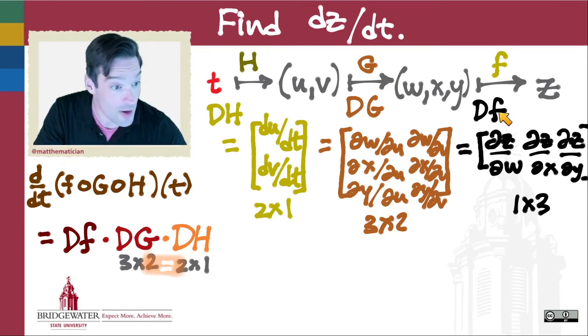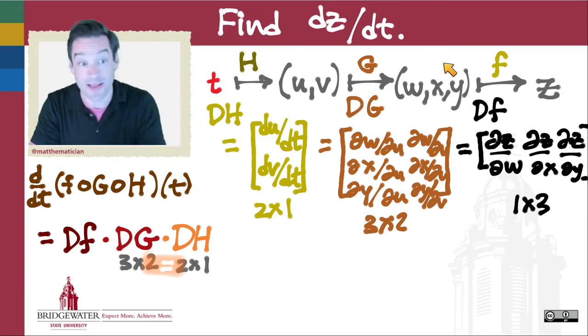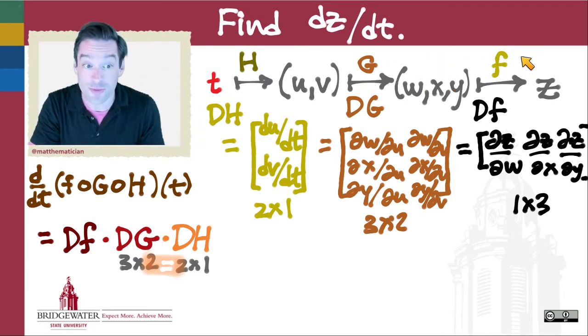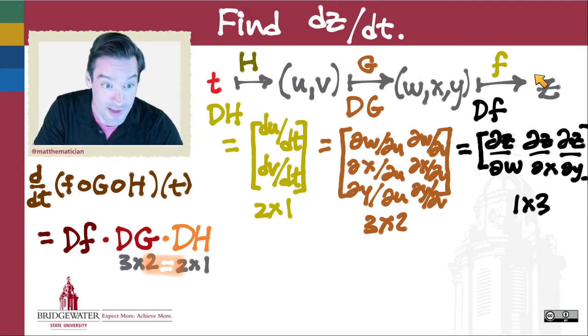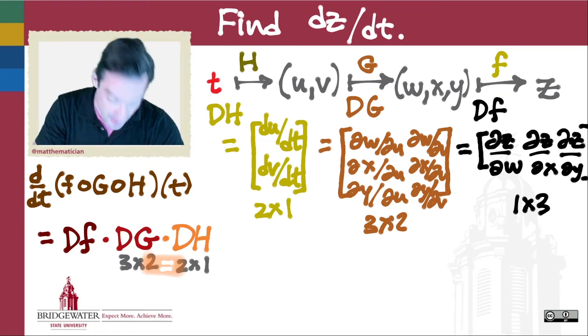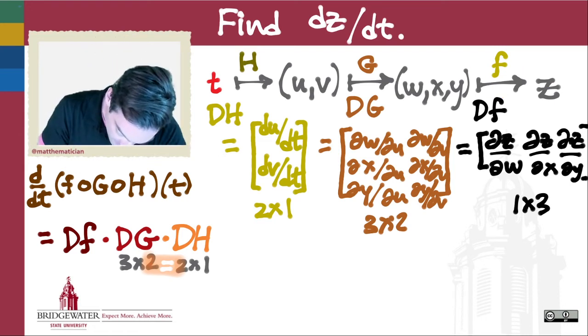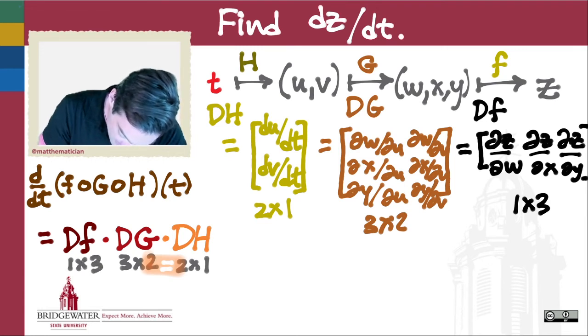The same thing is also true for dF. G is spitting out 3 scalars, and F is taking in 3 scalars as input. Because that composition is compatible, we should also see that the matrices for their derivatives can be multiplied too. dF is 1 by 3, dg is 3 by 2, and because the number of columns in dF matches the number of rows in dg, we can multiply those matrices together.